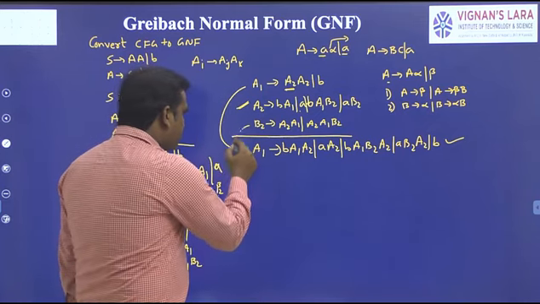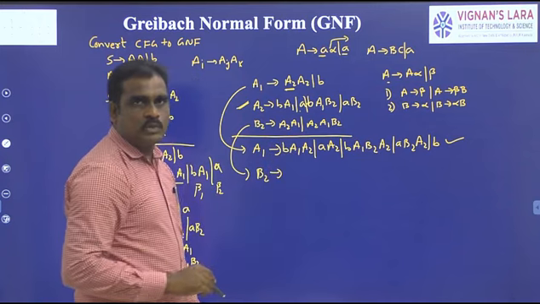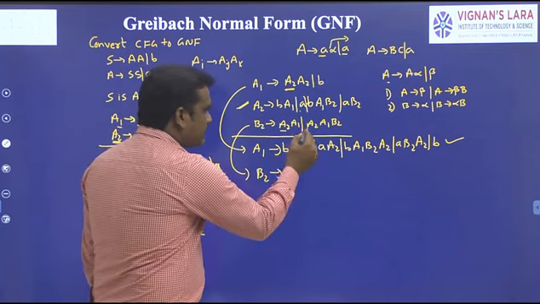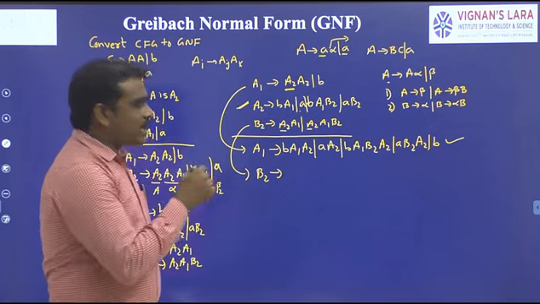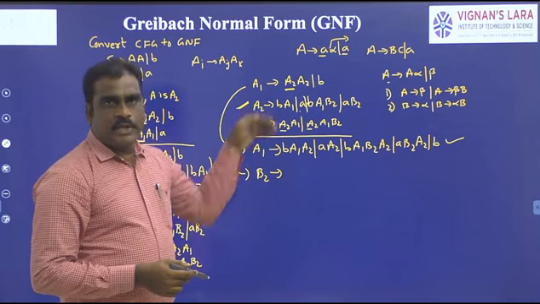In the same way, B2 has two productions, and these two productions start with the same symbol A2. But A2 is already in GNF form, so simply A2 is replaced with the A2 productions.